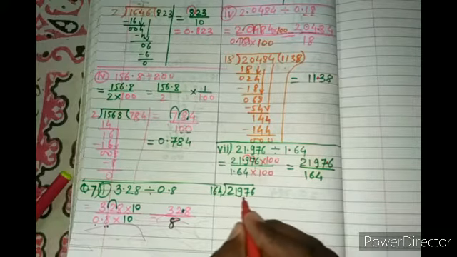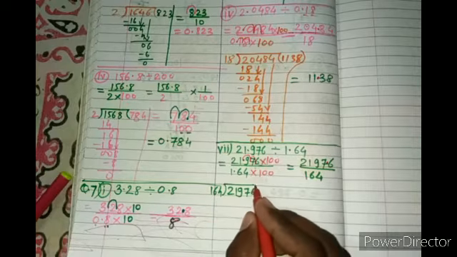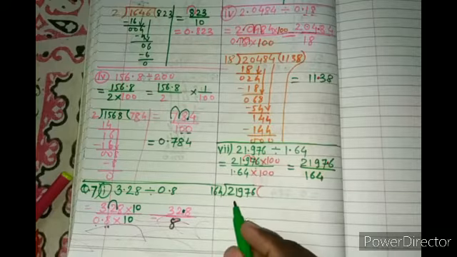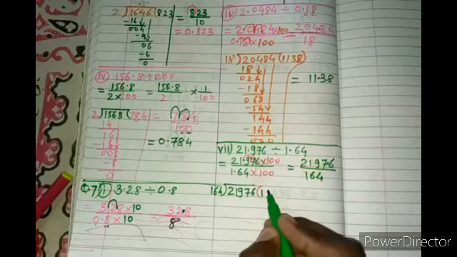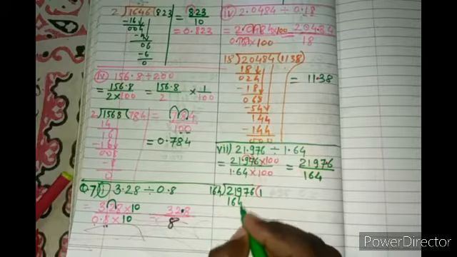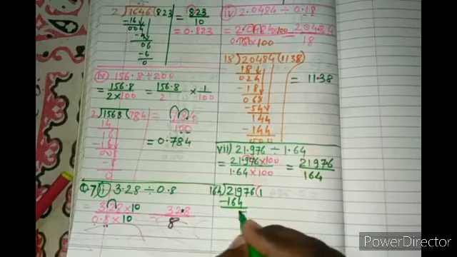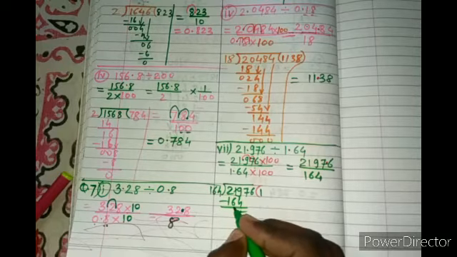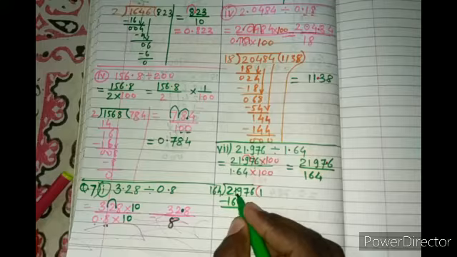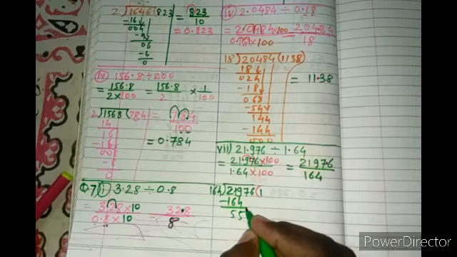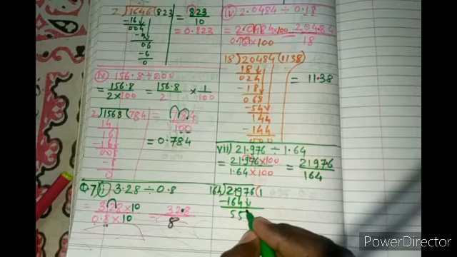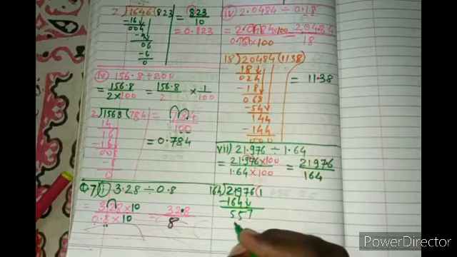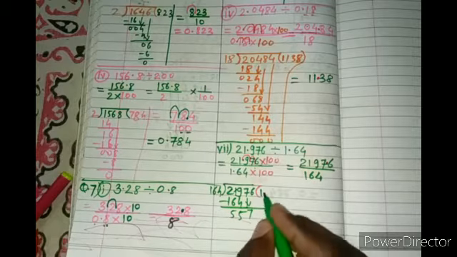Now I will take dividend 21976 and divisor 164 and do the division. So it is 164 ones are 164. So 11 minus 6 is 5. Now again I will take 7 down. So 164, how many is nearest to the 557?